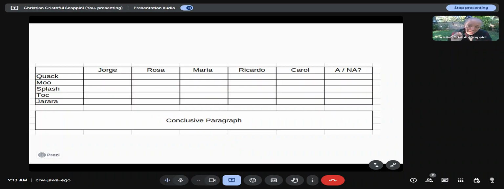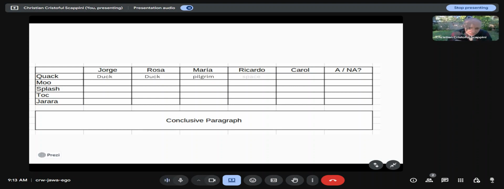I go to Jorge and I ask, Jorge, what does quack mean? And Jorge starts thinking and he says, duck. Okay, which makes sense. And then I go to Rosa and ask, Rosa, what does quack mean? And she says, duck. And Maria, pilgrim, because for some reason Maria connected the word quack with Quaker.